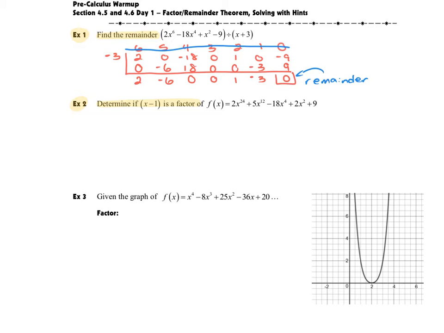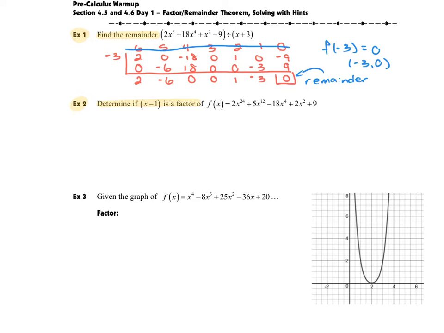We remember that when it is 0, it's really nice because that means that f of negative 3 equals 0, or in other words, the point negative 3, 0 is actually on our graph, and of course that would be a nice x-intercept. So that makes that useful, but of course it's not always going to be a 0.